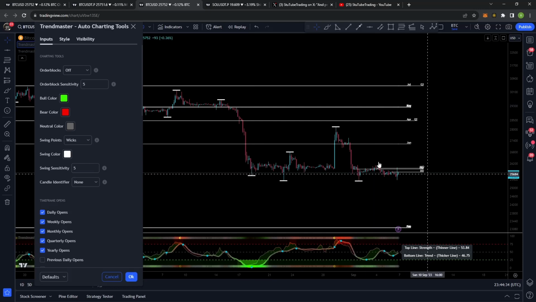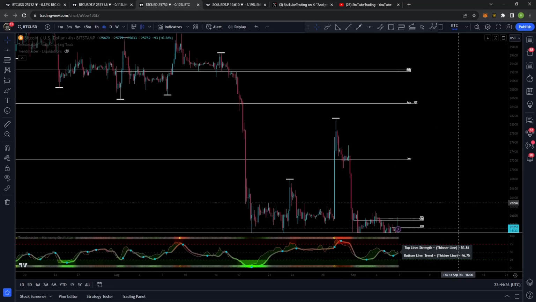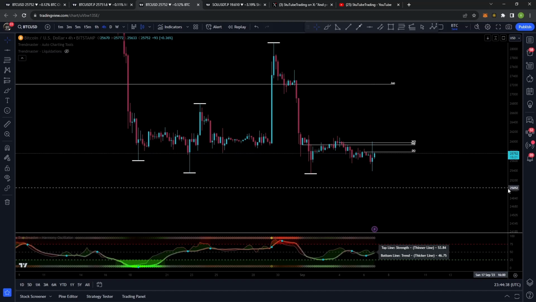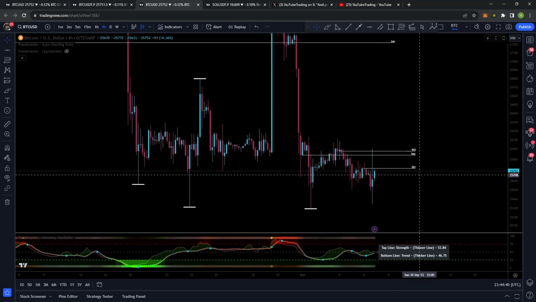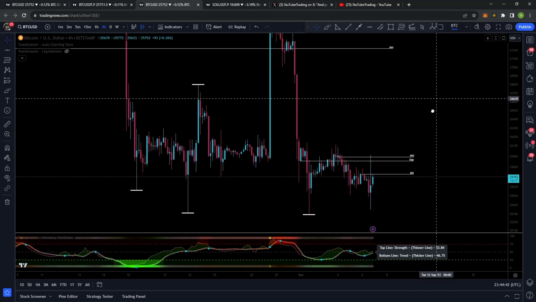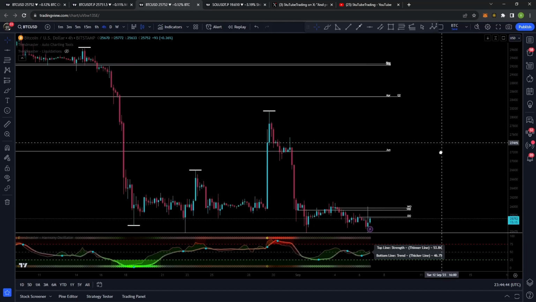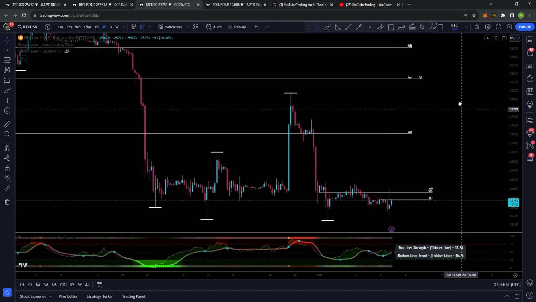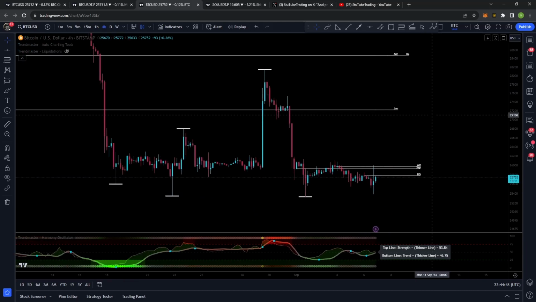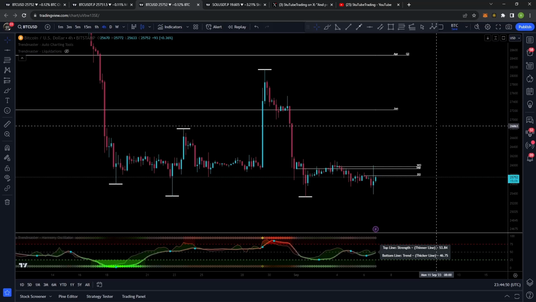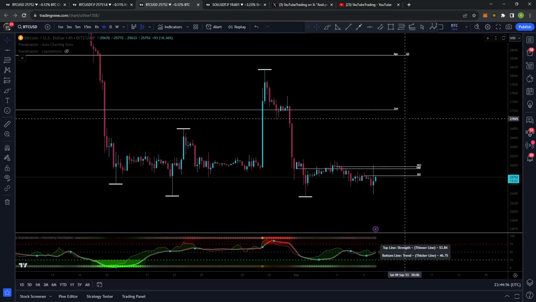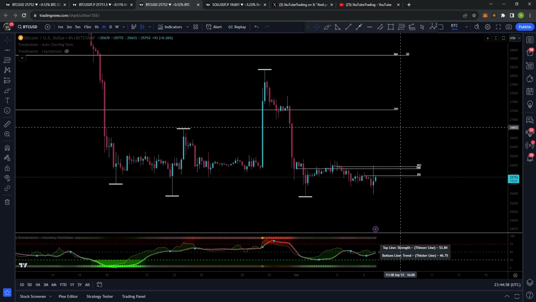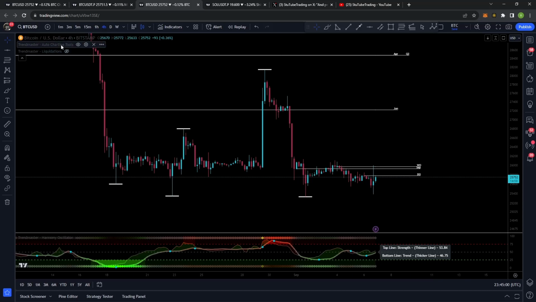Obviously, here you can see this is automatically showing us our daily open, where the price opened today, our weekly open, monthly opens, quarterly opens, just important levels in the market that, when you're looking at shorter time frames, are quite often very nice scalping levels to enter at. So it's cool to keep those levels on the radar. Very nice that it shows us that automatically.